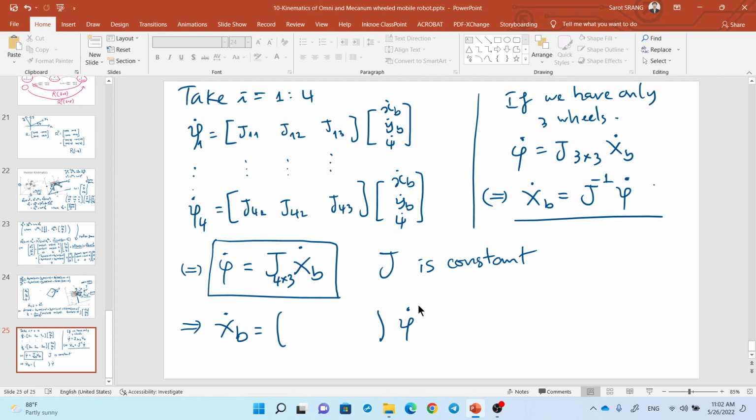So why did it happen like this? You imagine if you have 3 wheels, 3 wheels can contact the floor as a plane, right? We can say 3 inputs and 3 outputs.